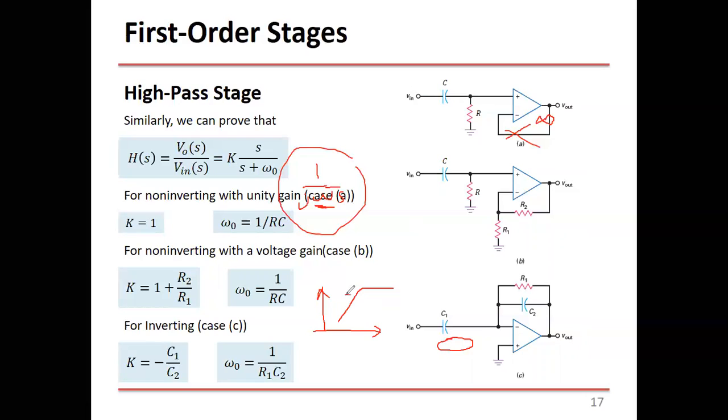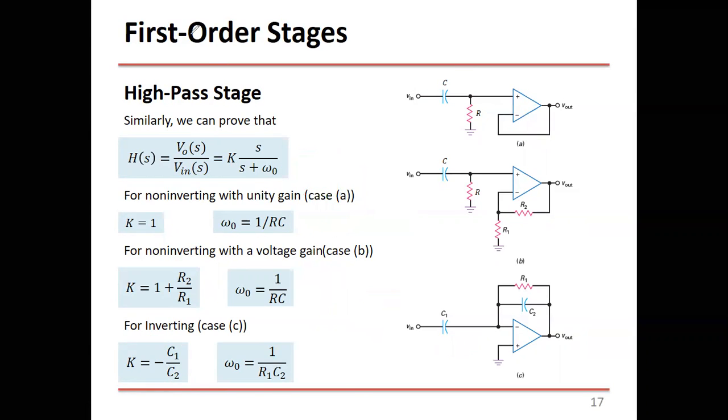The highest value here is the K. So this is the gain at high frequency, not at low frequency. In the low pass filter case, the K is at low frequencies. Yeah, this is a good question. Thank you. Any other questions?